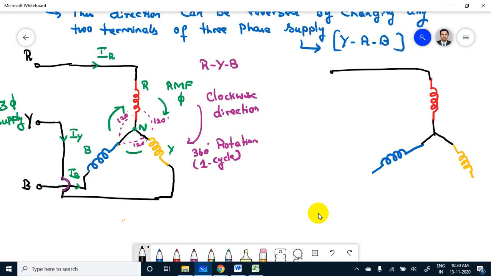So this is nothing but R phase, this is nothing but Y, and this is nothing but B. This is neutral.